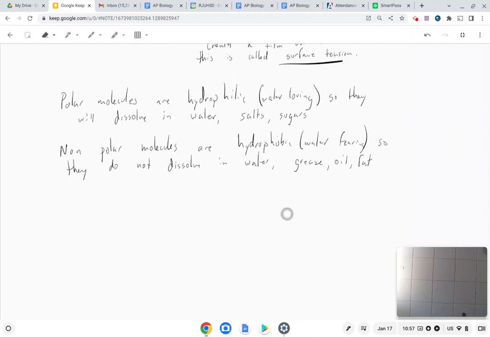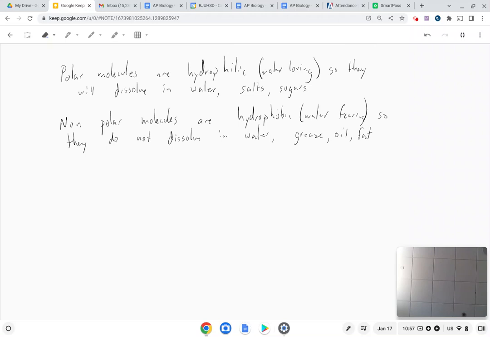So if you were to look at a salt crystal, for example, table salt is an ionic salt, which means you've got a sodium and a chloride, NaCl, and they alternate like this.